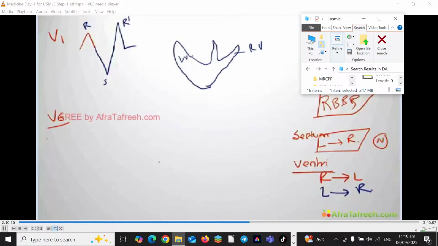LV will not disappear, RV can disappear. RV is this big, LV is this big. It is three times bigger. So LV will always have an impact on the EKG. Don't get confused where the S wave comes from. Whenever you're talking about the EKG, LV will be there. If there is no LV in the EKG, the patient is dead.